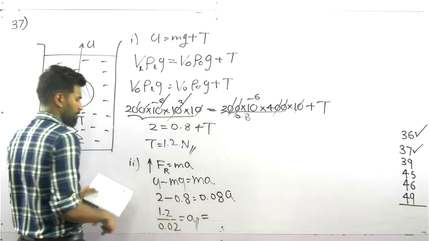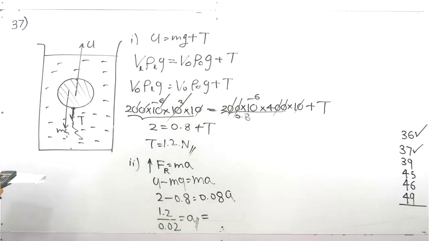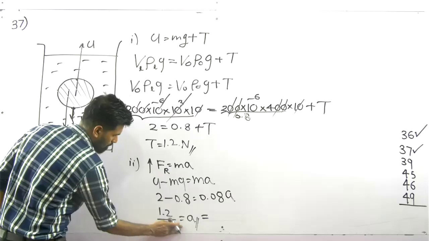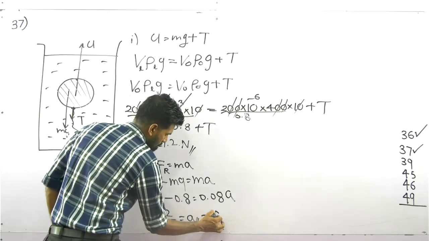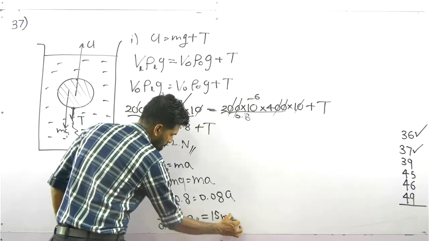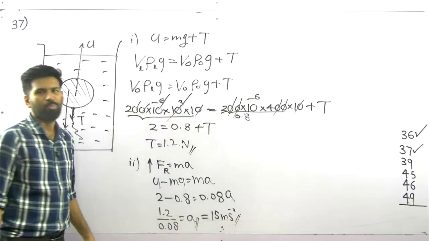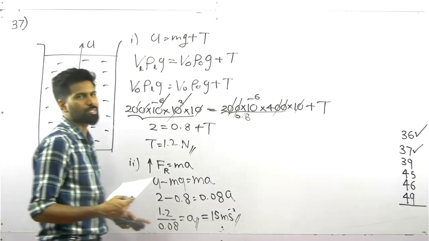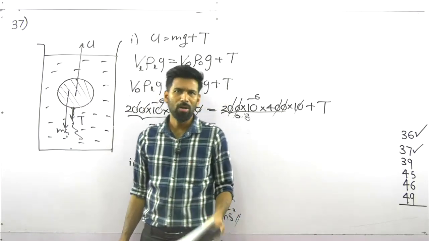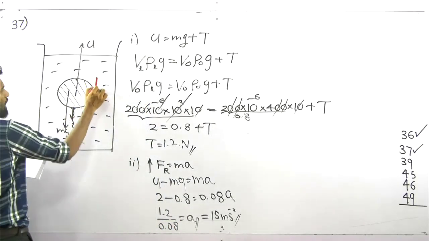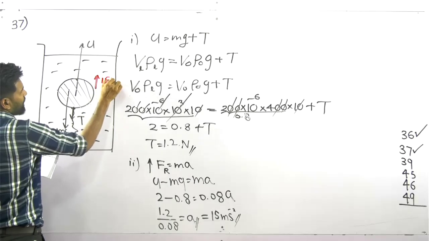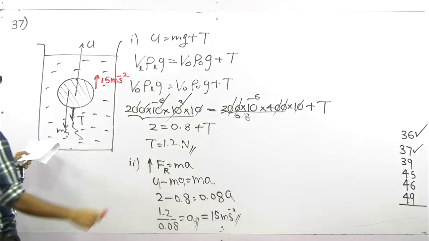So 1.2 divided by 0.08 is 15 meters per square second. After the string is cut, it will move up with an acceleration of 15 meters per square second.